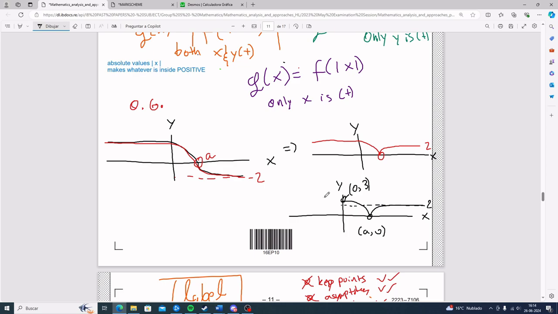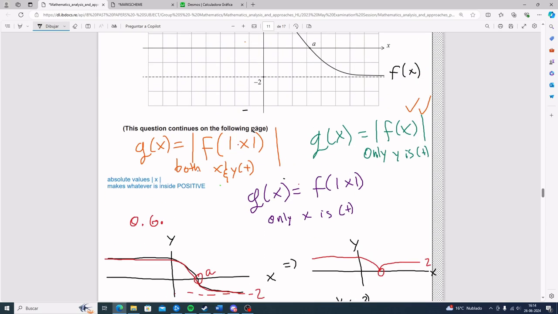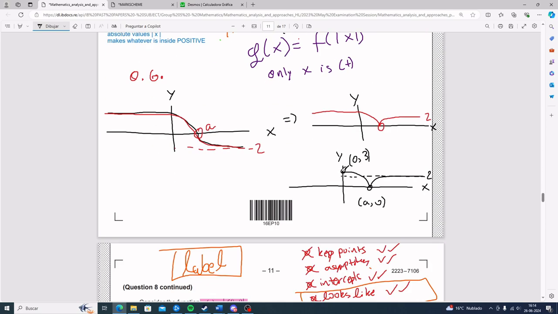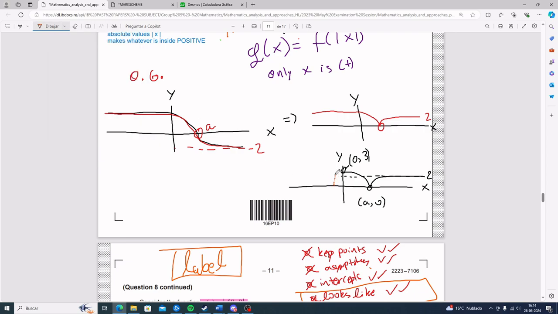For the left side, because now you're doing the absolute value of your x values, because you have an absolute value inside, technically, this x value right here is going to have the same y value as this x value right there.